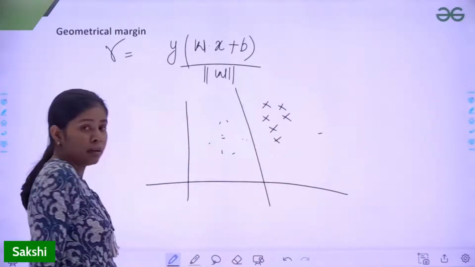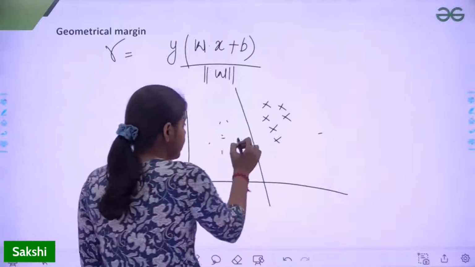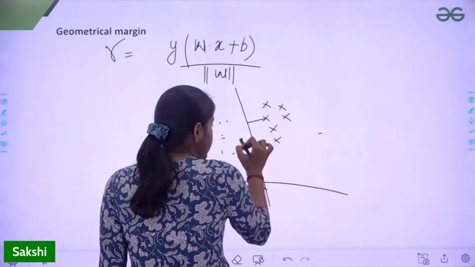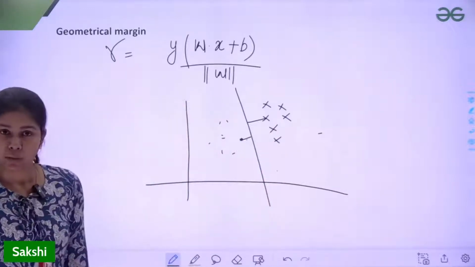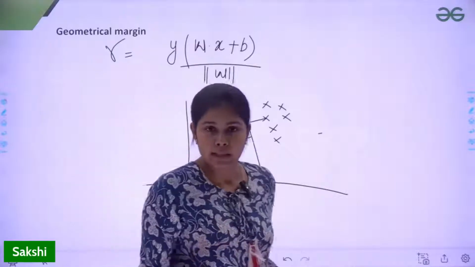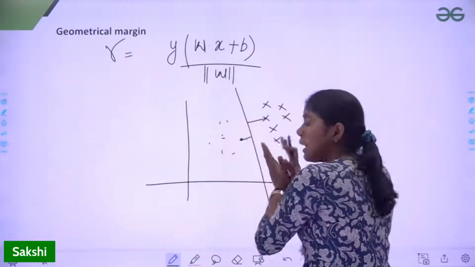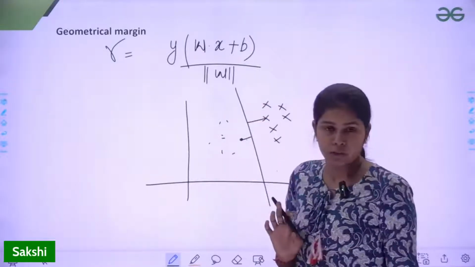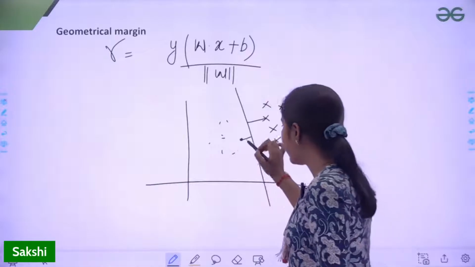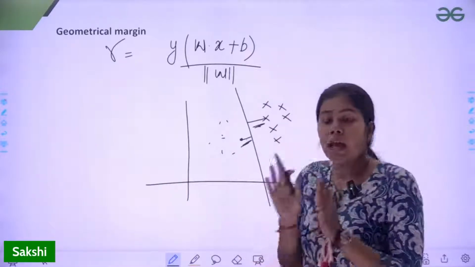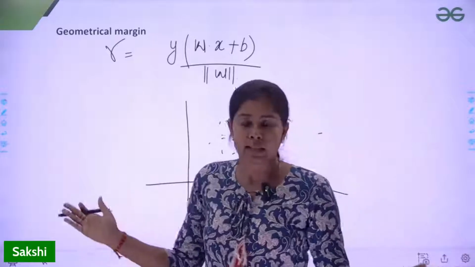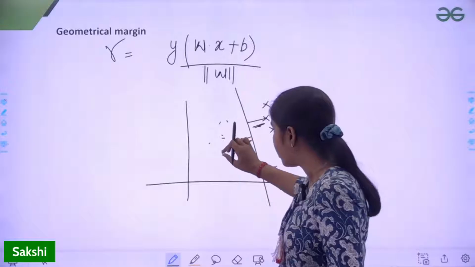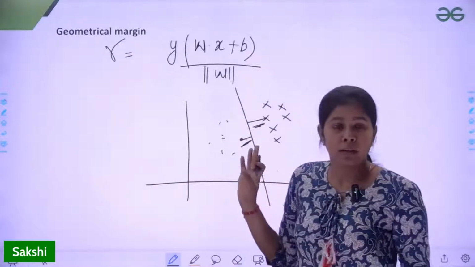I have found a decision surface such that it has some points here and some points here which are at equal distance from the decision boundary, and we call those points my support vectors. This decision boundary is at an equal distance from the closest negative point and the closest positive point. So we have some distance here and some distance here, and the problem is to maximize this distance. And here I have found how to find the distance of a point from the decision boundary.